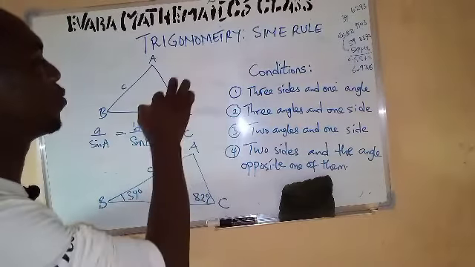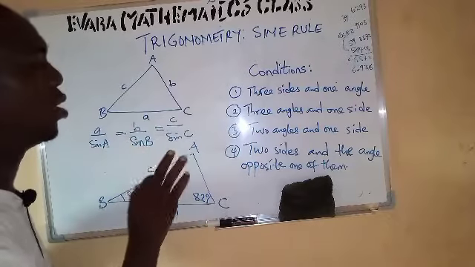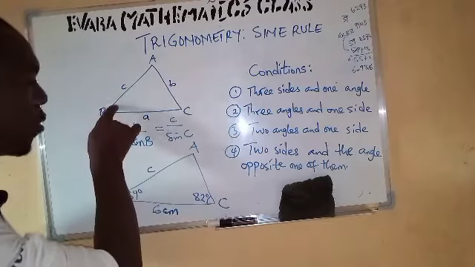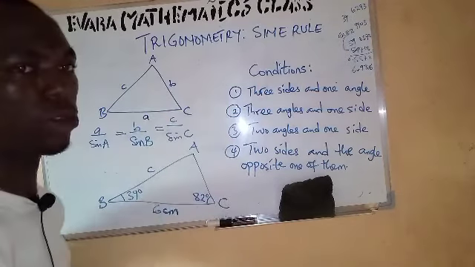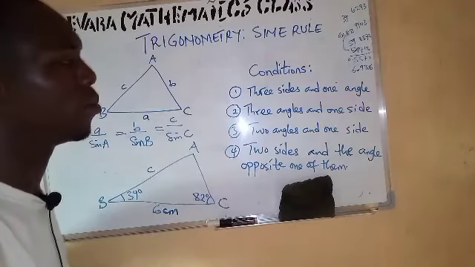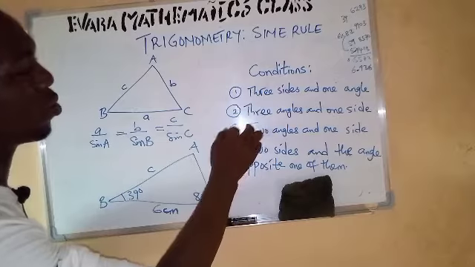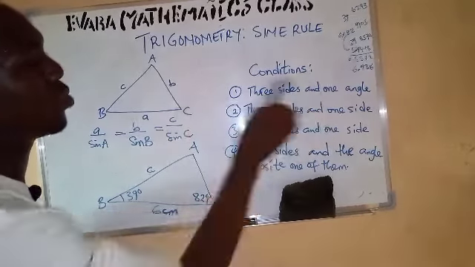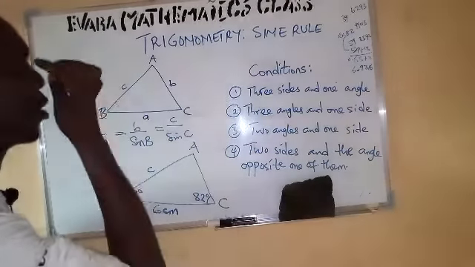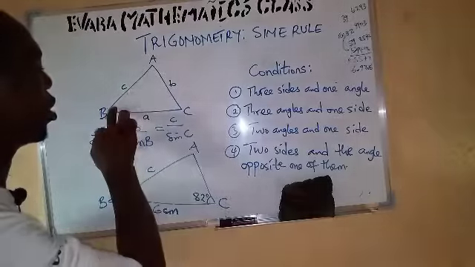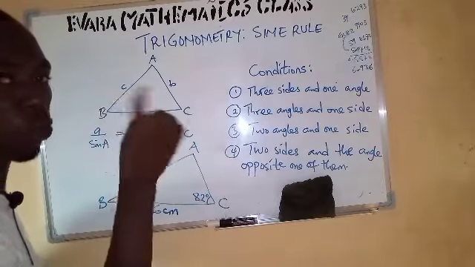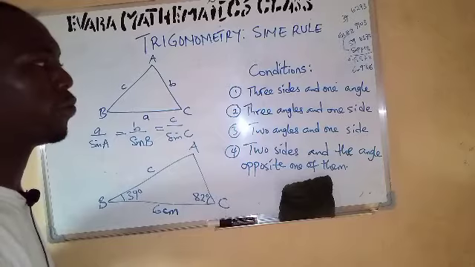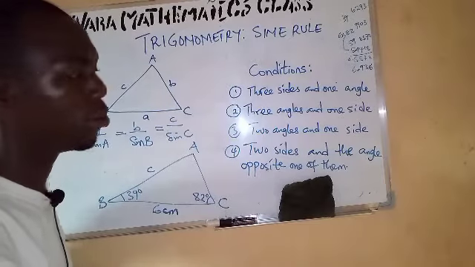If you know the values of a, b, and c, and in addition you have the value of maybe B or A or C, you are free to apply the sine rule. The second condition is if you have the three angles. Let's say you have angle A, angle B, and angle C, and you are given any one out of the three sides, you are also free to use the sine rule.